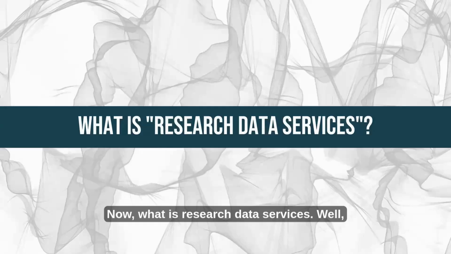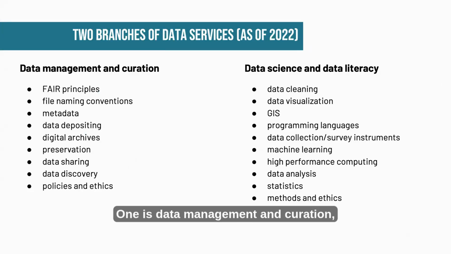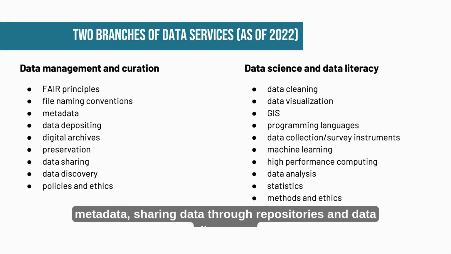Now, what is research data services? Currently, data services can be seen as two fairly distinct tracks. One is data management and curation, which deals with things like file naming conventions, data organization, metadata, sharing data through repositories, and data discovery.